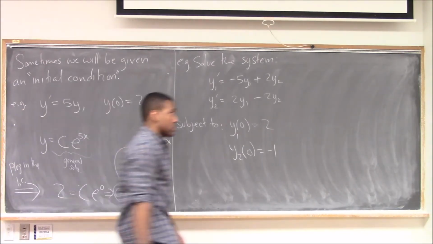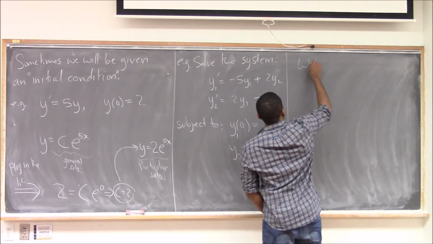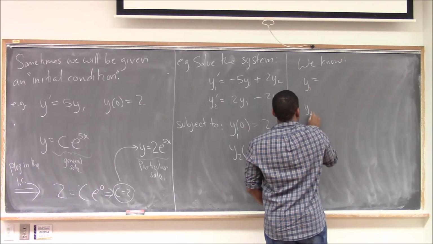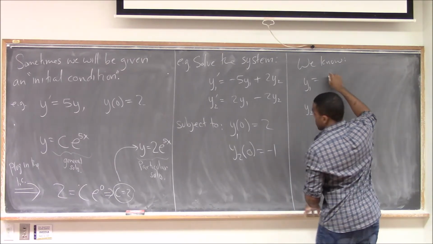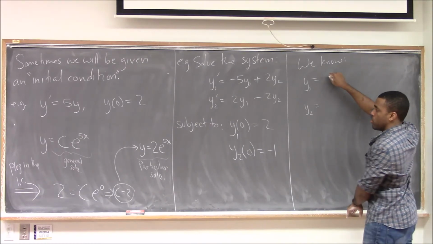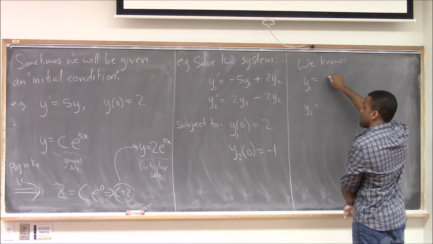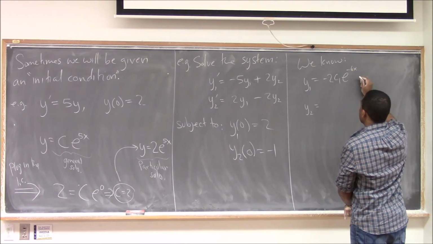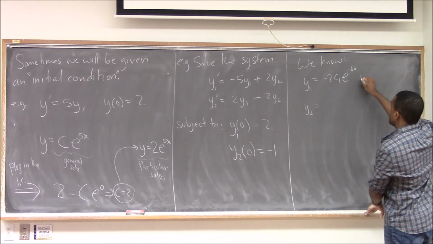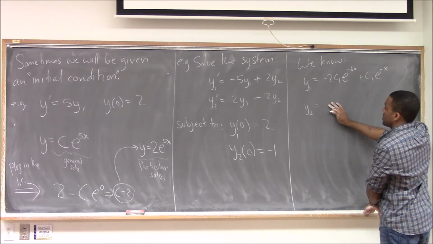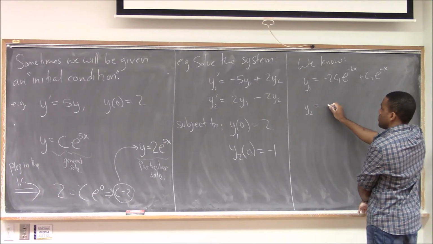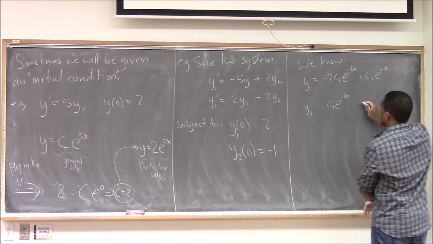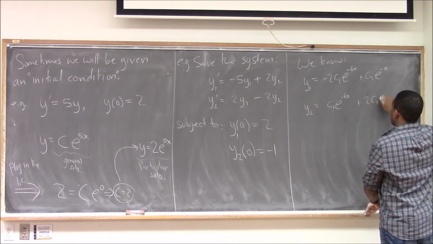So what we can do is we know the solution to this. What was the solution to this? y1 was given by minus c1 e to the minus 6x plus c2 e to the minus x, and y2 is c1 e to the negative 6x plus 2c2 e to the negative x.